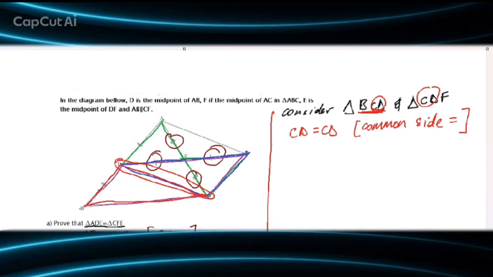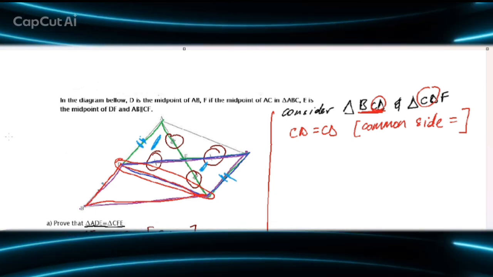And then we also know that since we already proved that this triangle here is congruent to this triangle here, this implies that this side will be equal to this side, right? From congruency, if this one is equal to this one, this implies that this one will be equal to this one.